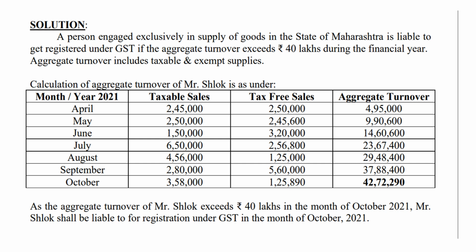Then when you calculate for the month of May, you have to add taxable supply, that is 2,50,000, add tax-free sales, that is 2,40,600, and then you have to add aggregate turnover of the month of April, that is 4,95,000. So you will get your total 9,90,600.